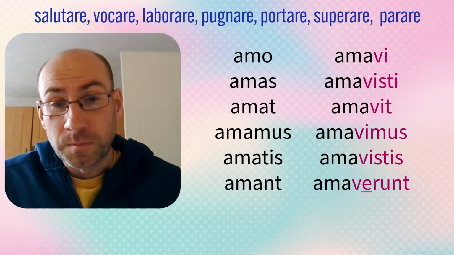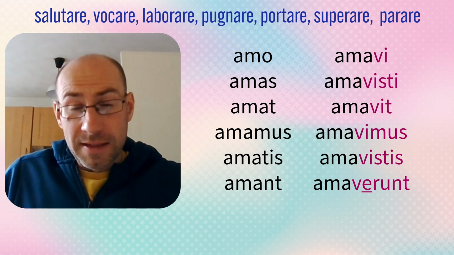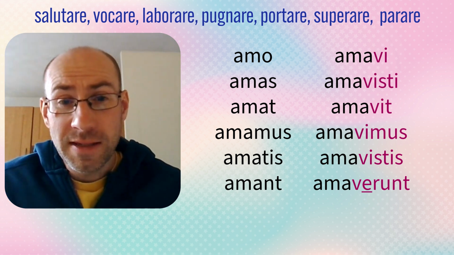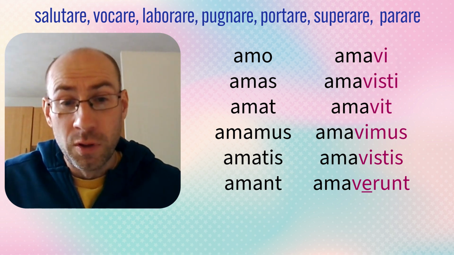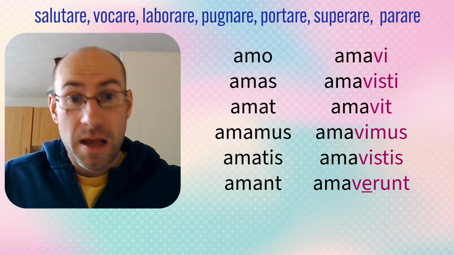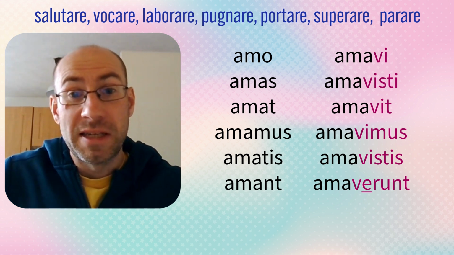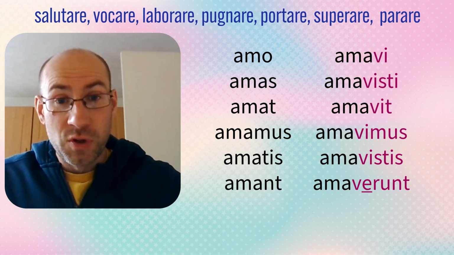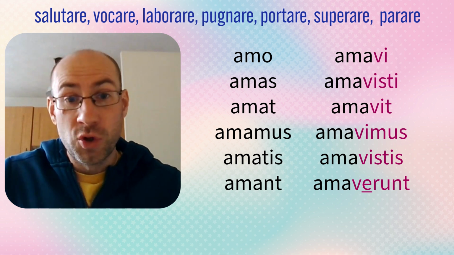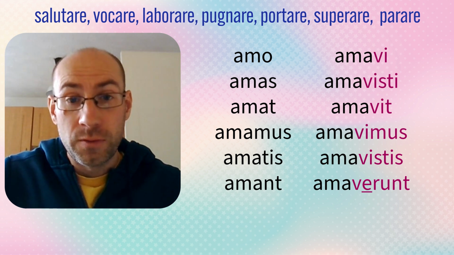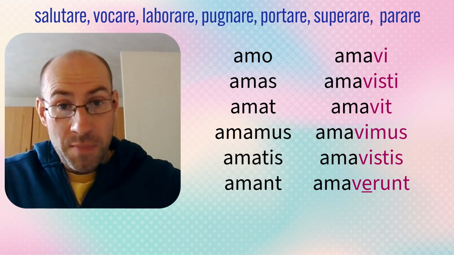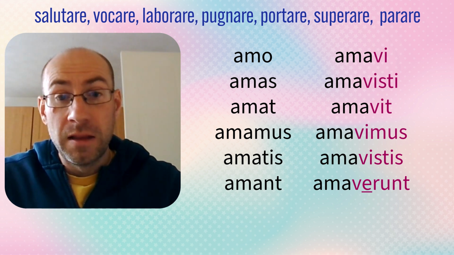So if we just look at present and then past, singular then plural: amo, amas, amat. Amavi, amavisti, amavit. Amamus, amatis, amant. Amavimus, amavistis, amaverunt. Amo, amavi: I love, I loved.